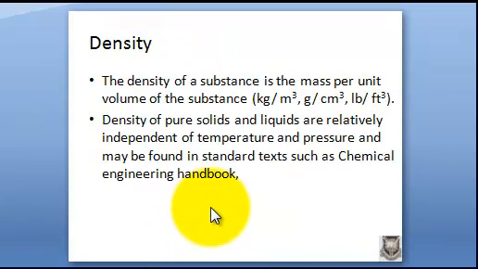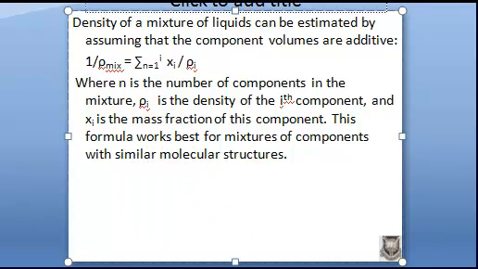Density. The density of a substance is the mass per unit volume of the substance. Density of pure solids and liquids are relatively independent of temperature and pressure and may be found in standard texts such as Chemical Engineering Handbook. Density of a mixture of liquids can be estimated by assuming that the component volumes are additive.